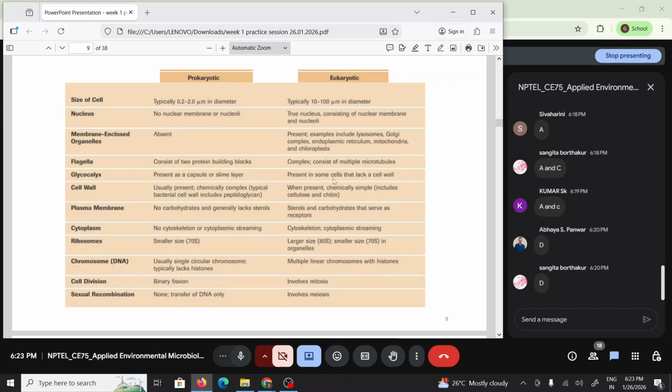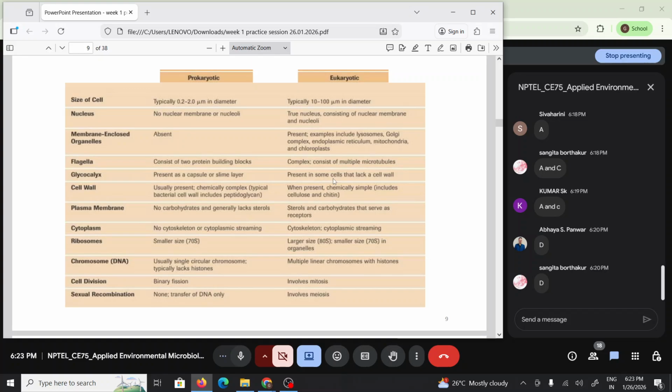And similarly, cell wall also is usually present in prokaryotes, whereas it's not very commonly present in eukaryotic organisms. And the cell membrane or the plasma membrane has no carbohydrates and lacks sterols in the prokaryotes, whereas both of these serve as receptors in the eukaryotic cells.